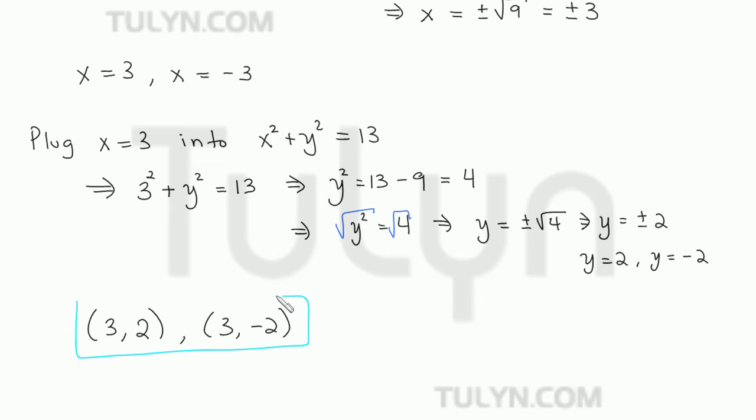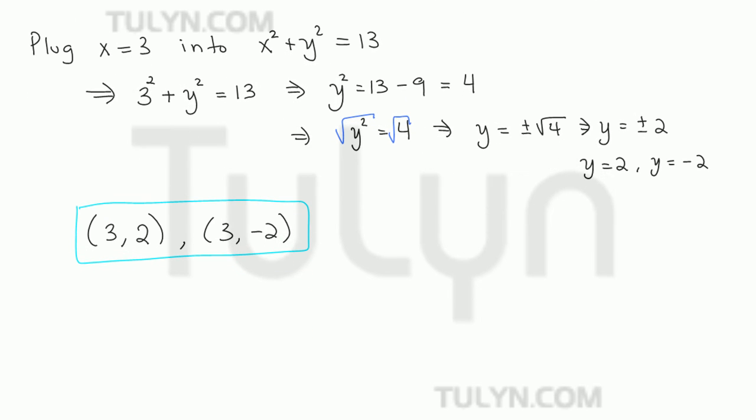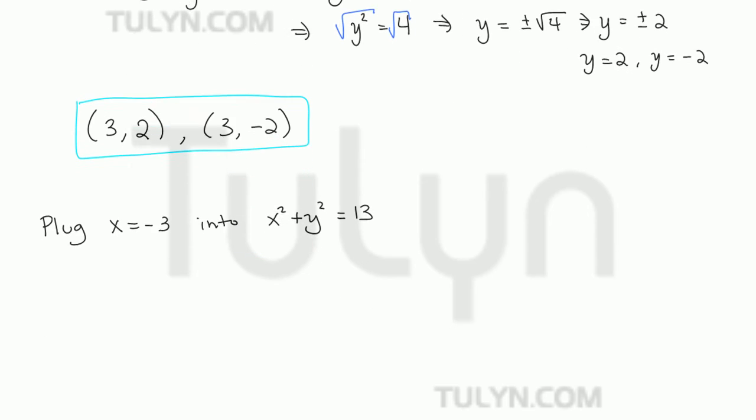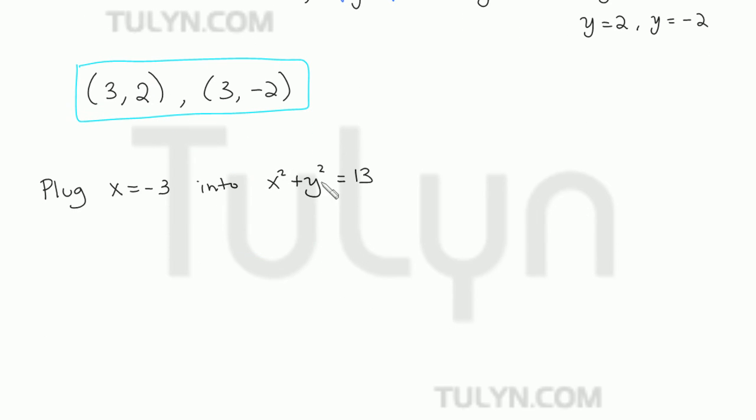So those are two of our solutions, but remember we also have x is equal to negative 3, which we need to find, right? So now we want to do the same thing, but now with x equal to negative 3. So then we end up getting negative 3 squared plus y squared is equal to 13.